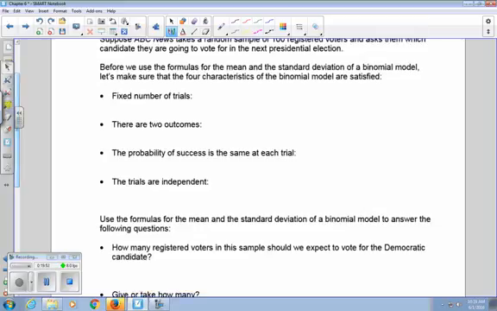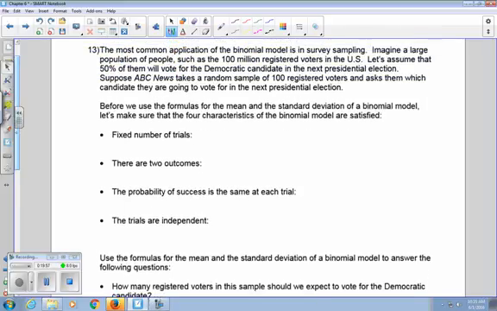Are there a fixed number of trials? Above, it says a random sample of 100 registered voters. So yes, they're going to ask 100 people. That's n equals 100. Are there two outcomes? Yes. They're asking if they're going to vote for a Democrat or not, and our success will be a Democrat.